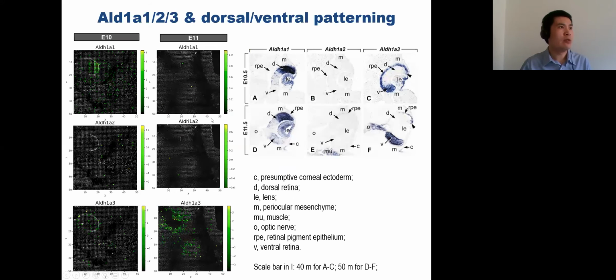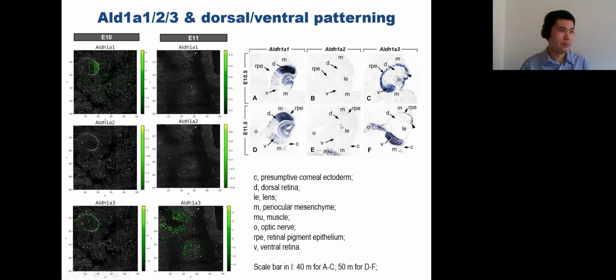I also want to emphasize the aldehyde dehydrogenase gene series, you have 1, 2, 3. Compared with some published data, A2 is expressed pretty linearly in the eye region, which is shown here. And A1 and A3 are expressed a lot. A1, as I mentioned before, lies in the dorsal region of the eyes, which is this region, and matches well with our data.